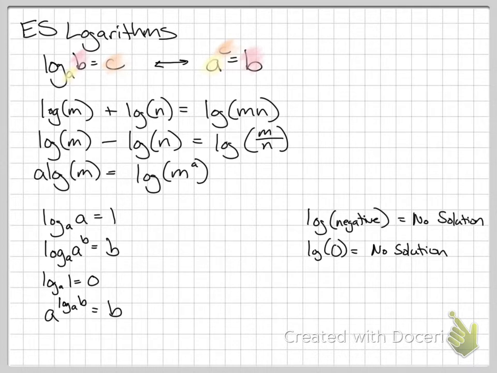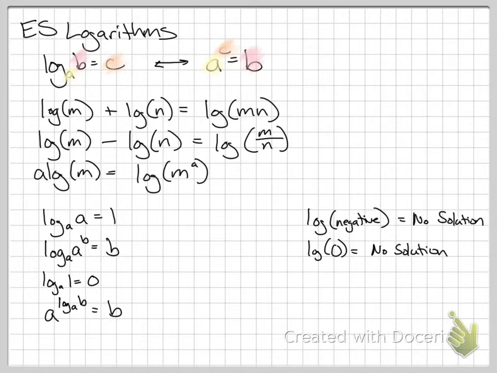The laws of logs: when you have logs with matching bases, so it is always assumed the bases need to match. If you are doing log m plus log n, you can rewrite that as just log of the m value times the n value. So for logarithms, add means multiply. If you have log of m minus log of n, you can rewrite that as log of m over n, so the log of the division, so subtraction means divide.